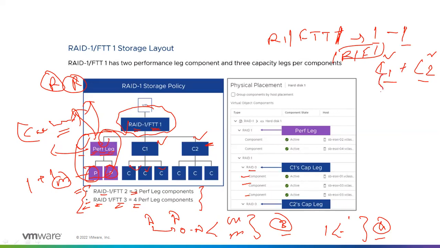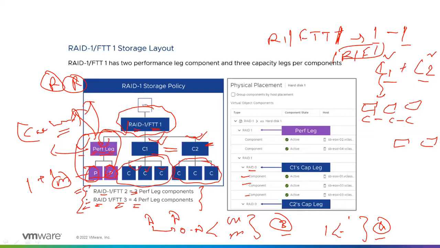But underlying, this C1 is going to be further spread across three nodes. But again, as I said, there is no redundancy between them. The redundancy is between C1 and C2.